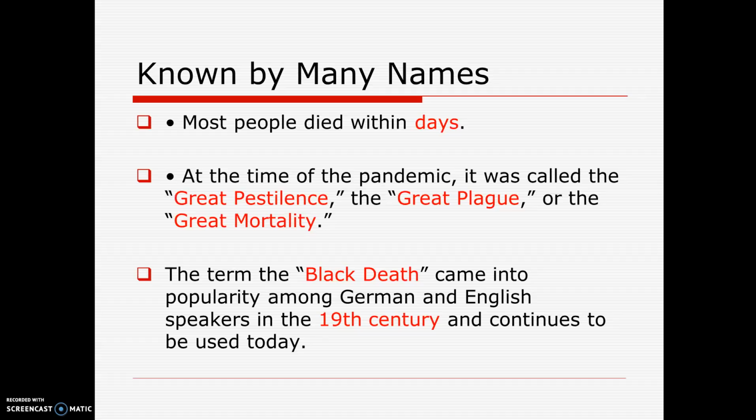We read that when we were analyzing our primary sources, or the Great Plague or the Great Mortality. The term Black Death, which we use a lot today, came into popularity among German and English speakers in the 19th century, so the 1800s, about 500 years after the first outbreak of the Black Death. And we continue to refer to it as the Black Death today.